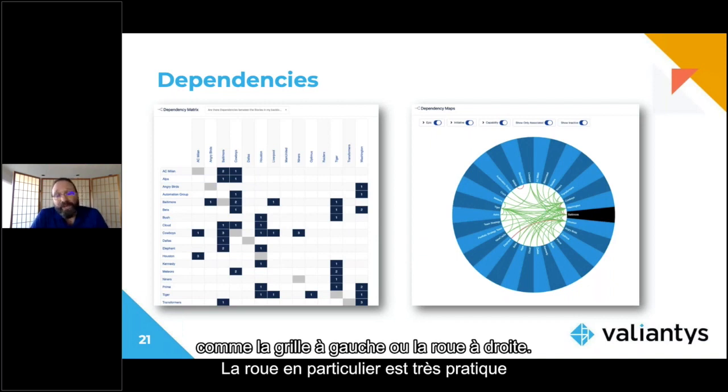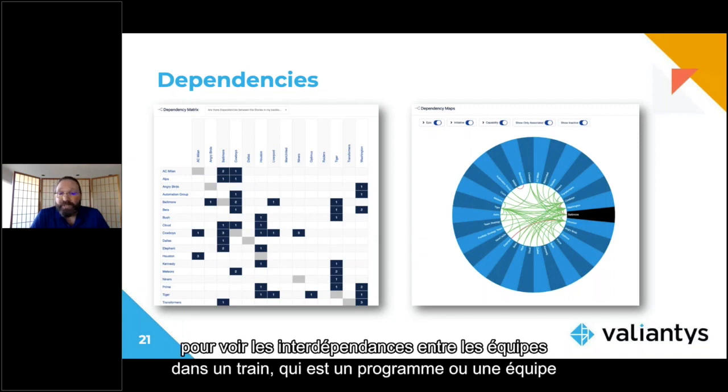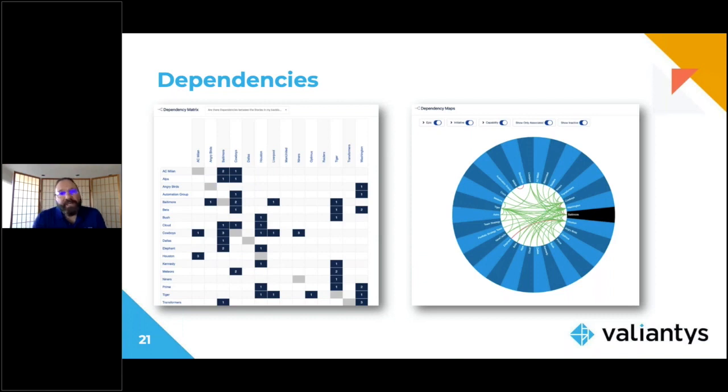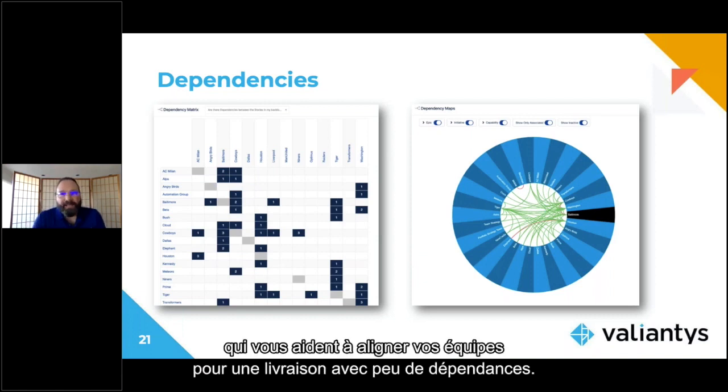In particular, the wheel is a popular view where you see the interdependencies among teams on an ART, which is a program or team of teams, or interdependencies, say, from program to program. So you've got access to that information that can help you align your teams to deliver with minimal dependencies.